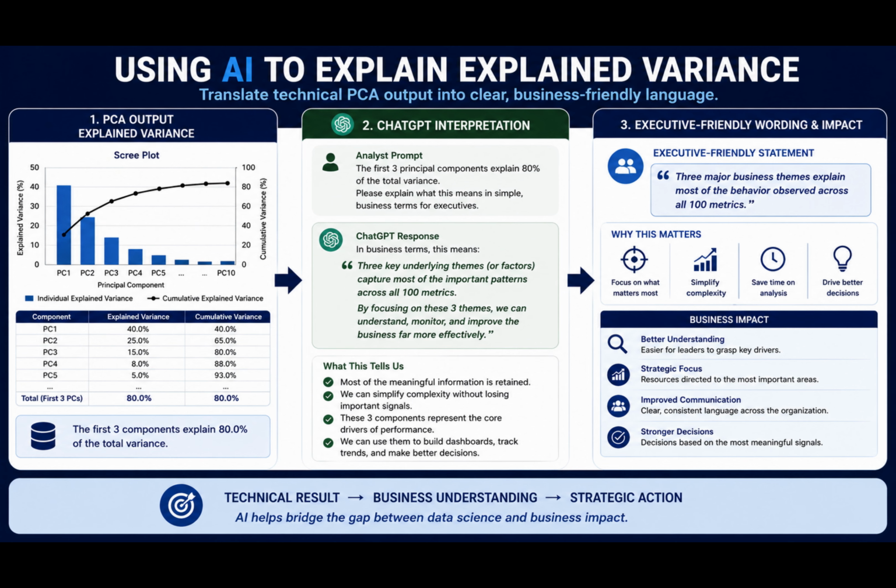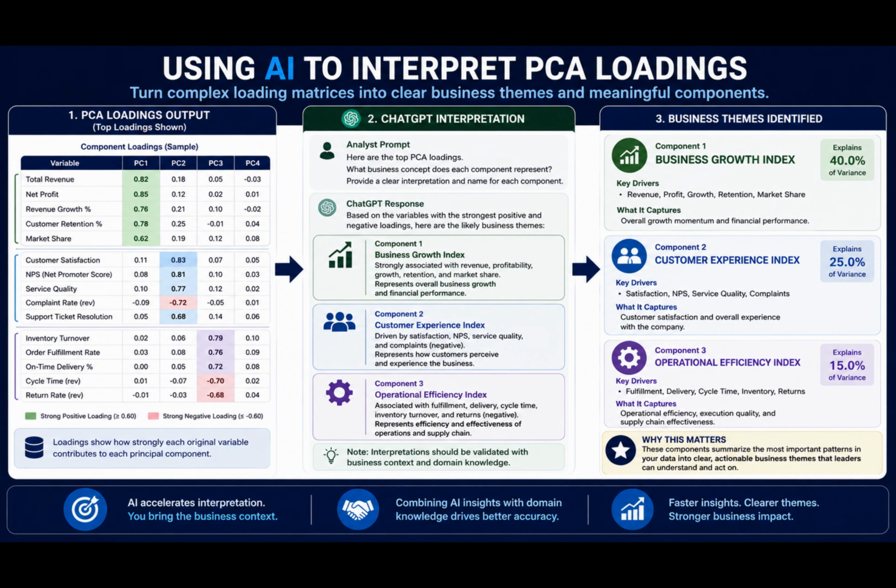Using AI to interpret PCA loadings. Loadings tell us which variables drive each component. The challenge is turning those numbers into business meaning. AI can help accelerate that process. For example, revenue, profit, growth, and retention may be interpreted as a business growth index.